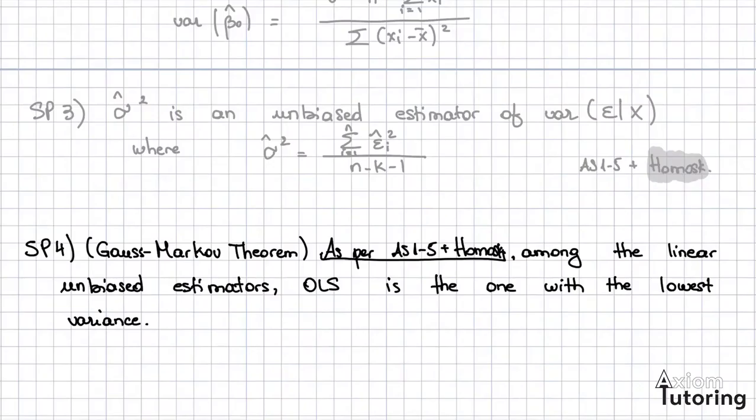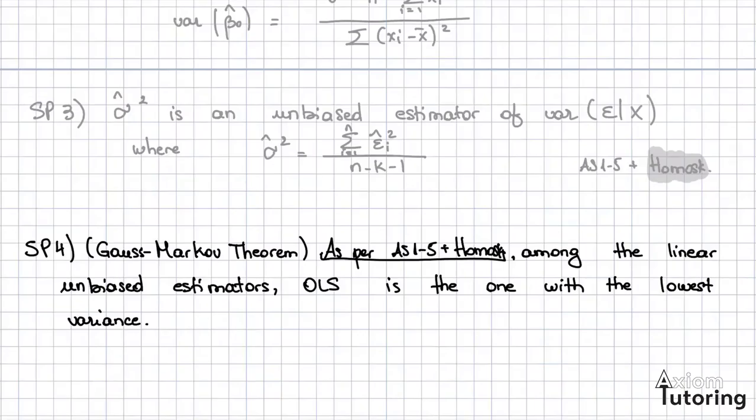It's because homoscedasticity is such an important and vital assumption for the Gauss-Markov theorem that it needs to be emphasized. Just like for statistical property 1, we emphasize the zero conditional mean as the key that drove statistical property 1. For statistical property 4, the Gauss-Markov theorem, the one that drives everything is the homoscedasticity assumption.